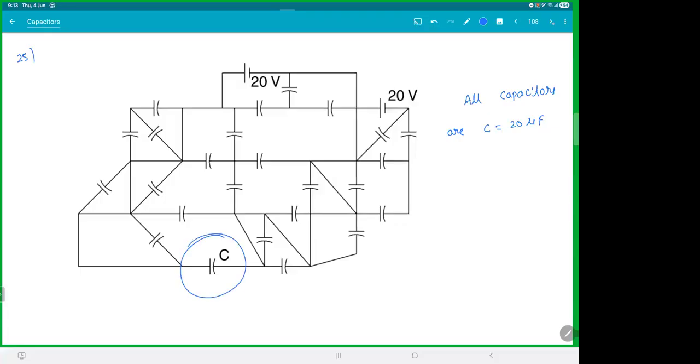Find the charge on this C, the one which is marked clearly. How do you do this thing? These are called maze circuits. Maze. So think for a minute, then I'll show you.